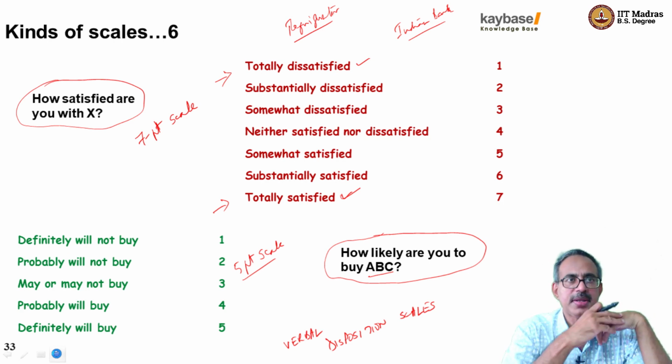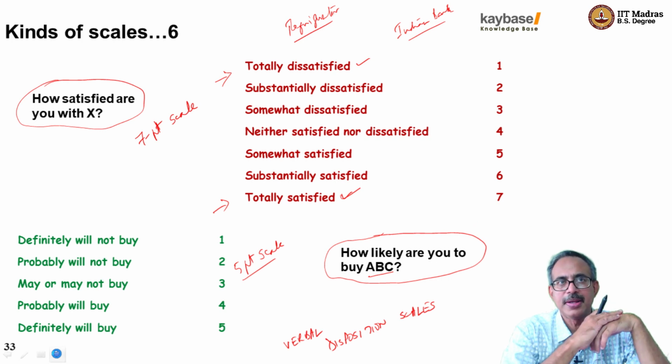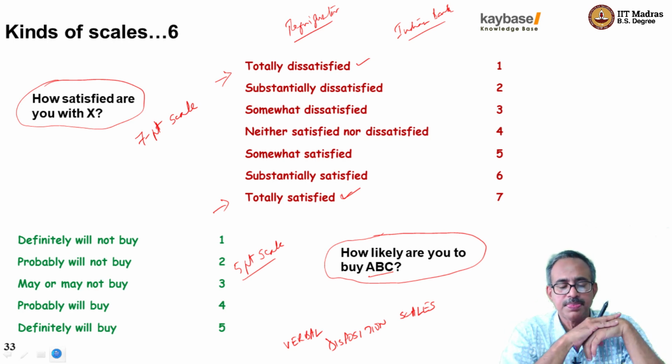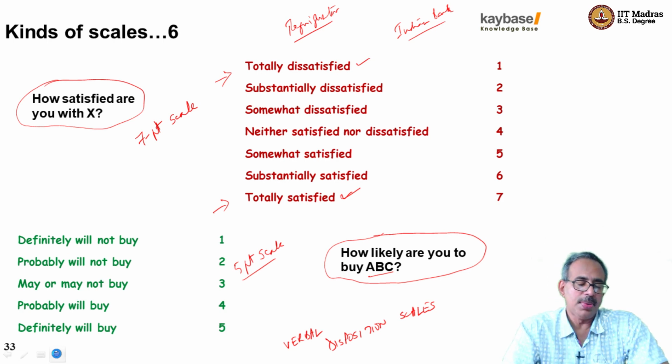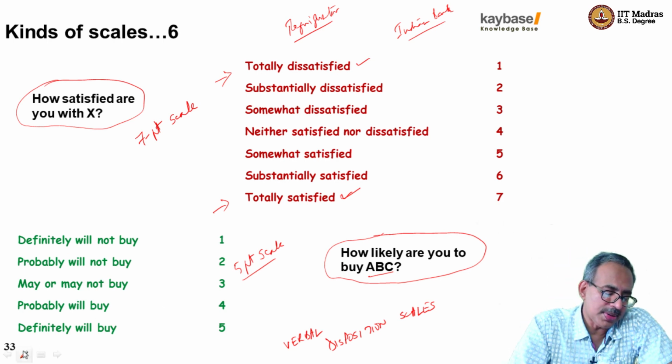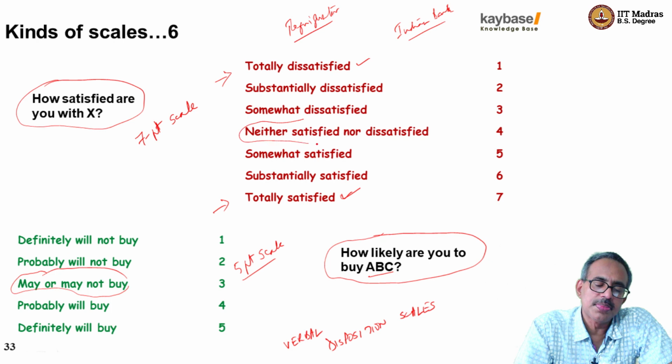Because there are 1, 2, 3, 4, 5. That's called a 7-point scale. When to use a 7-point scale? We'll come to that. That's, of course, the most important thing here. Let's first see all the scales and we'll come to it. Also, in both these scales, note one thing. This is called the midpoint.